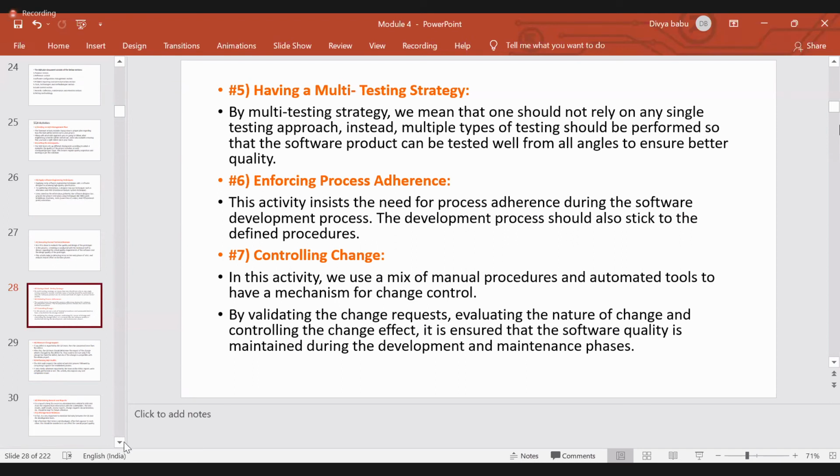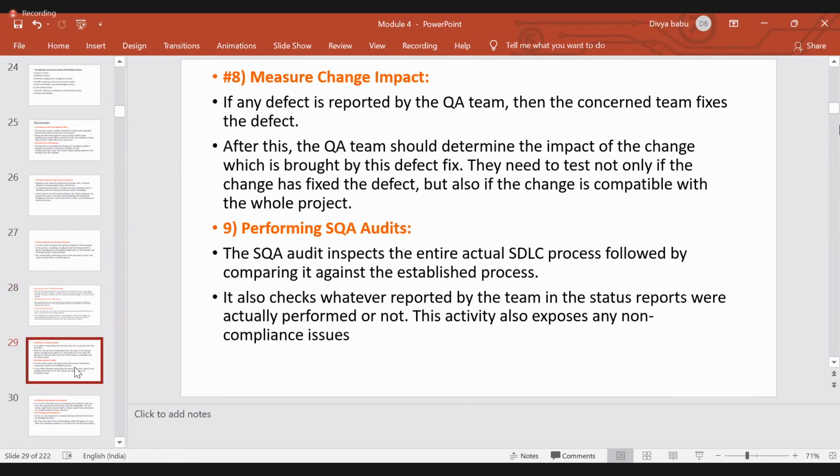Next is measure impact. We determine the impact of change, which happens when you fix some defects.